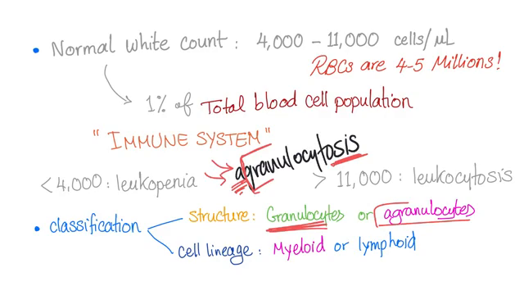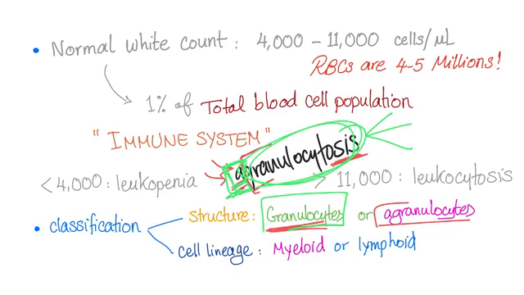Indeed, agranulocytosis means fewer granulocytes in your blood. Don't be confused. Granulocytes, neutrophils, basophils, eosinophils, are absent or decreased in your blood. Basically, agranulocytosis is just neutropenia. Okay, that's it. We're done.